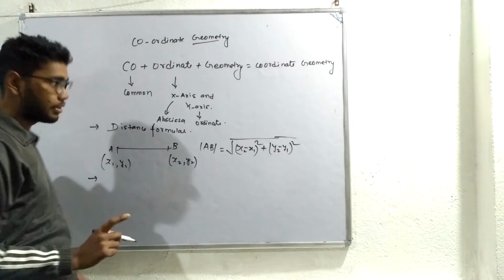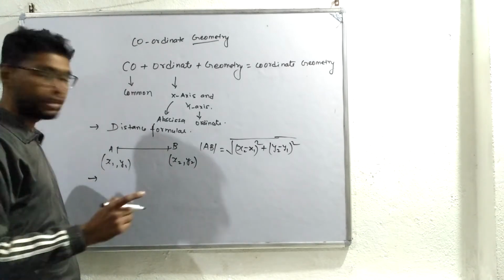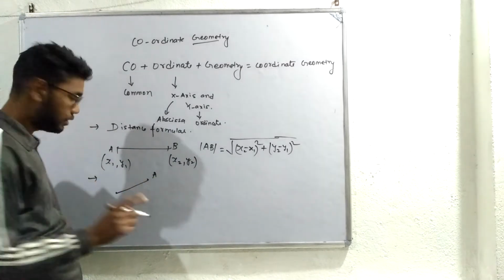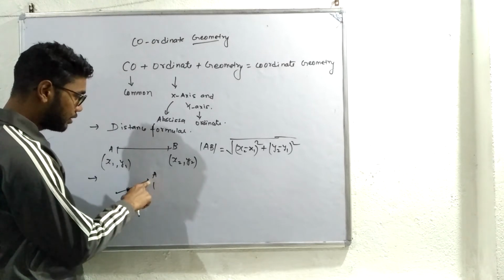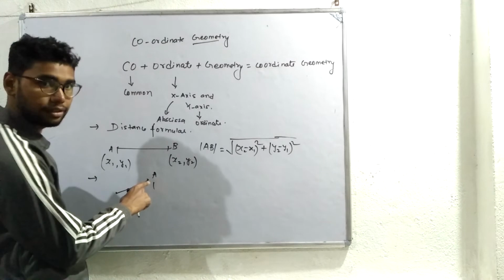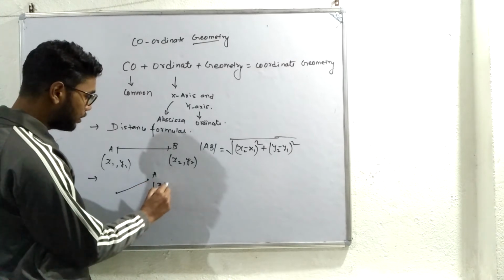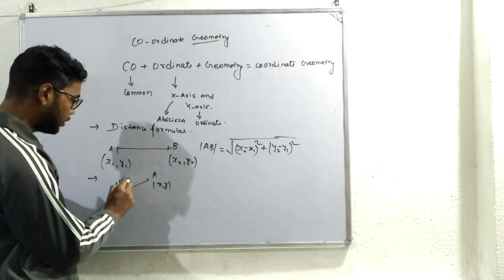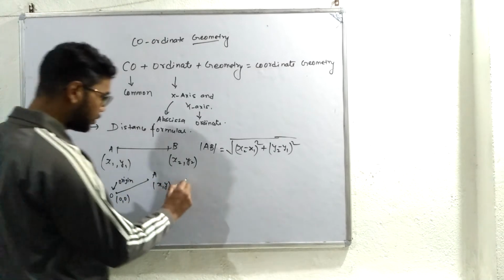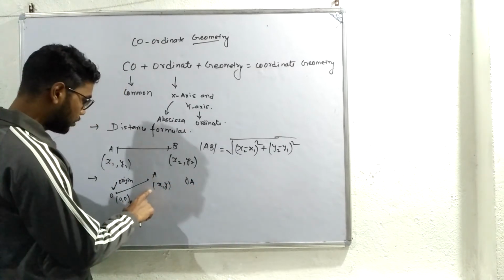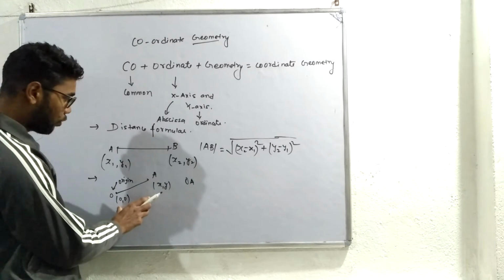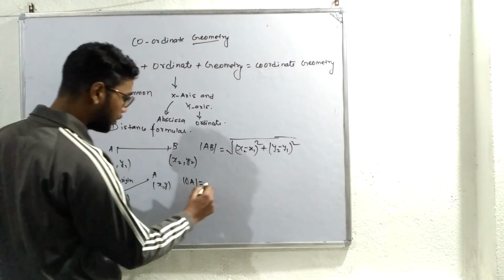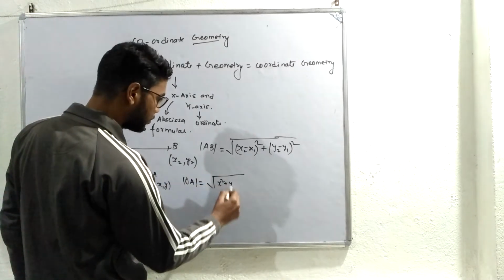Next, if we find the distance from the origin to a point whose coordinates are x and y, and the coordinates of the origin are 0 and 0, then the distance OA, from origin to that point, will be under root of x square plus y square.